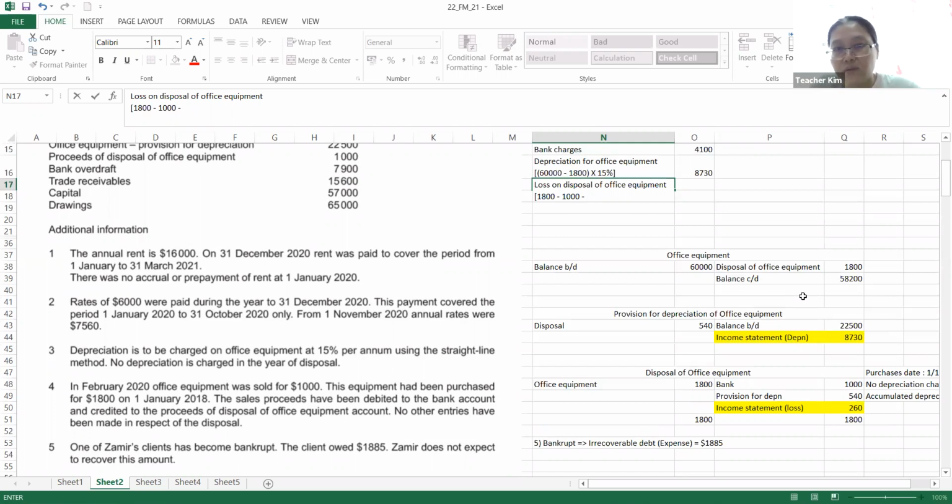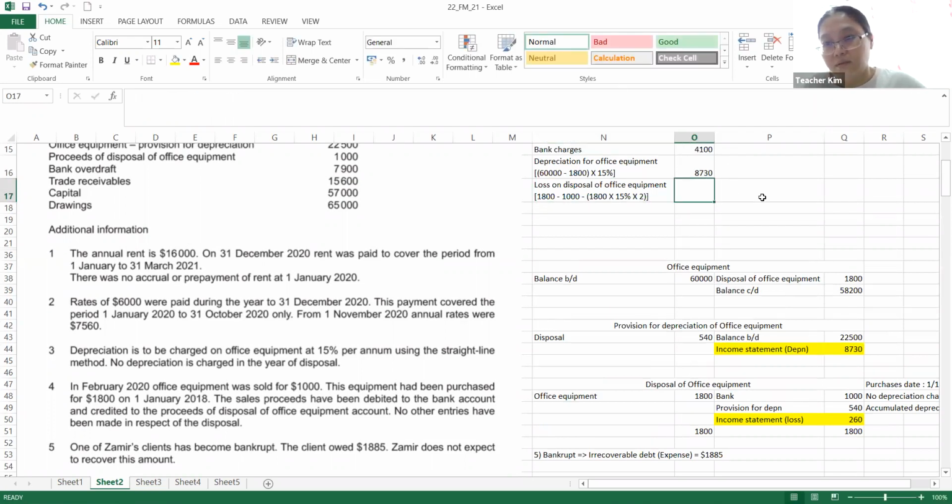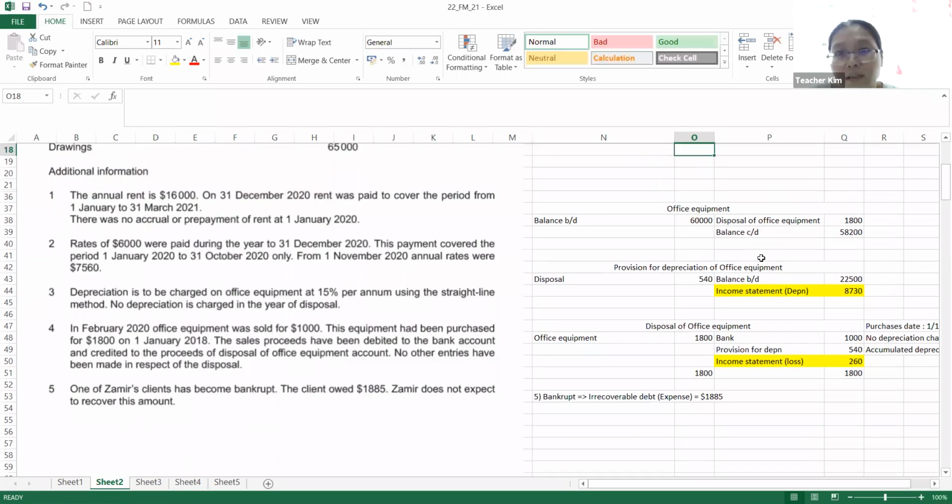And if you want to show your depreciation working, just show at the side there, 1,008 times 15% times 2. Okay, so here 1,008 minus 1,000 minus 1,008 times 15% times 2. Okay, 2,260.